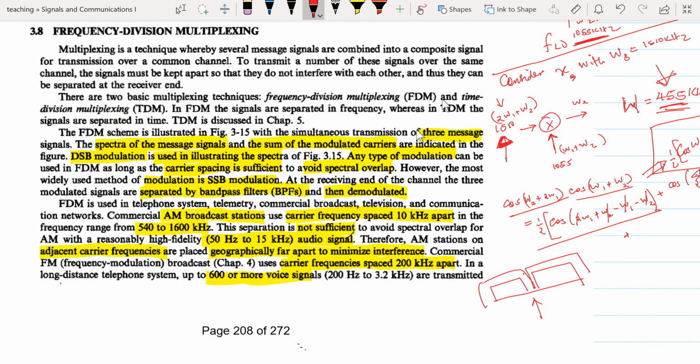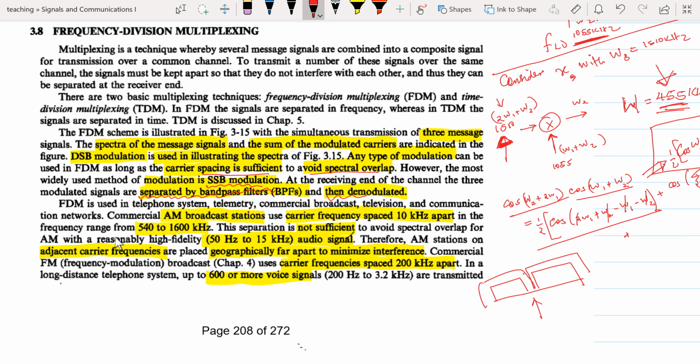So we say that we normally require sufficient spacing to avoid spectral overlap, just as I have mentioned. However, the most widely used method for modulation of that nature is single sideband modulation, the one that we looked at earlier. At the receiving end of the channel, the three modulated signals are separated by bandpass filters, just like I have mentioned, and they are then demodulated.